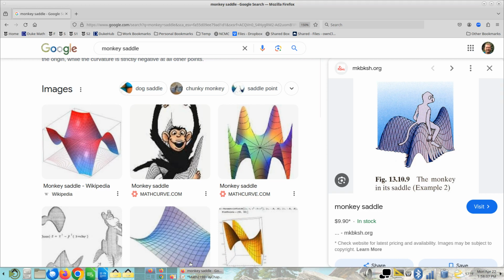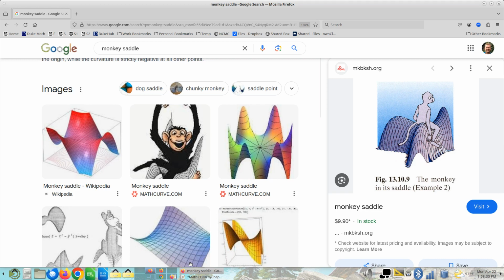He'd need a down slope for each of his legs, and he'd also need a spot for his tail to go, so his tail wouldn't get squished, right? So notice this shape here. This shape is weird. It's not like a regular saddle. There are three upward directions instead of two, and three downward sloping directions instead of two.